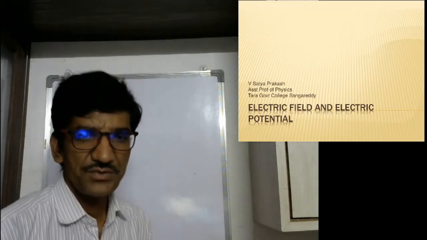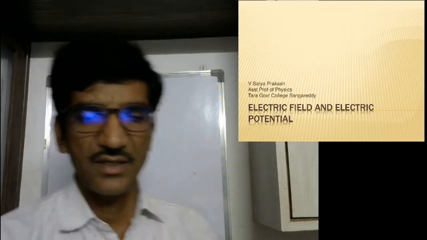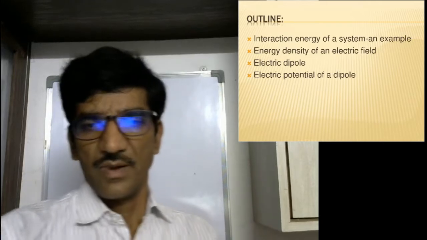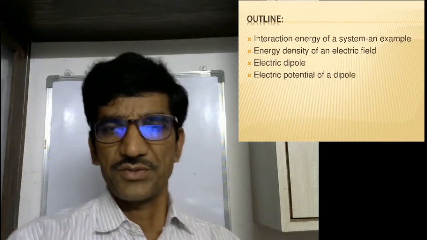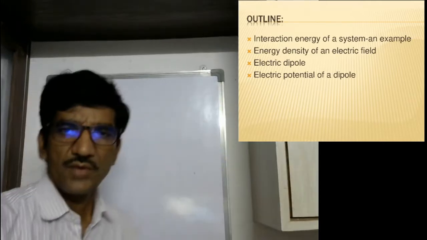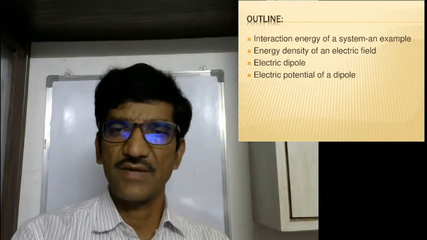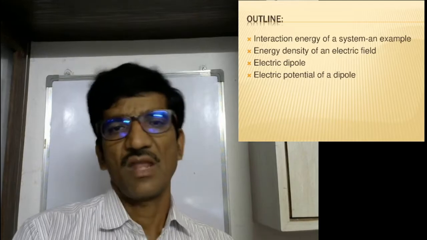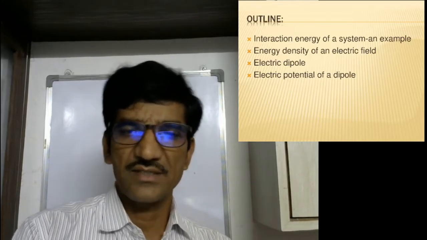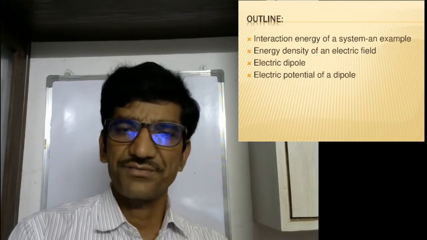Now I will show you the plan of today's lecture. Today we are going to do a few examples on finding the interaction energy of the system, and we are also studying the energy density of an electric field.